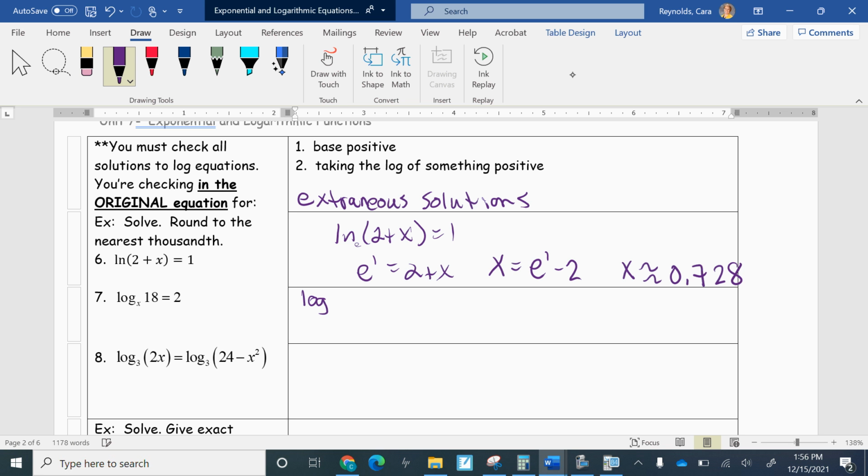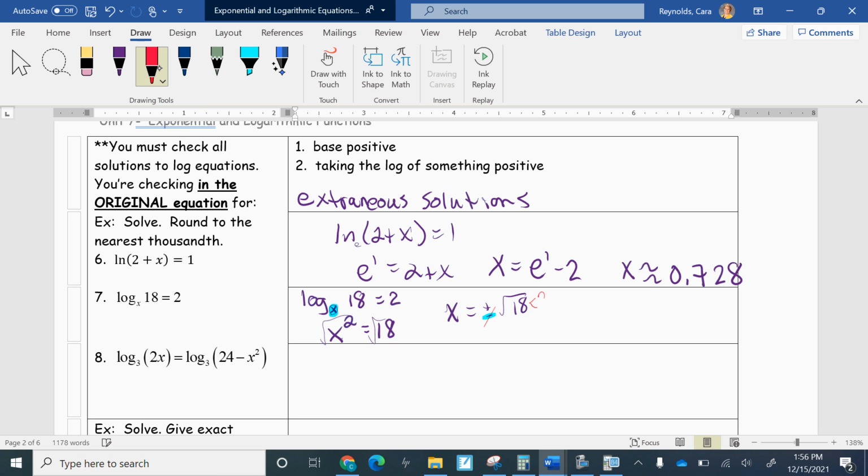If I have log base x of 18 equals 2, I need to remove my base here. So x squared is equal to 18. And so I take the square root, and I get x equals typically plus or minus the square root of 18. But because the x originally started in your base position, the negative case is what's called an extraneous solution, and so that one is ruled out.